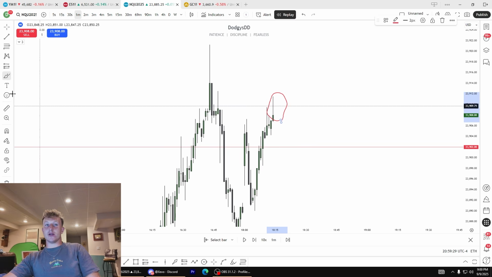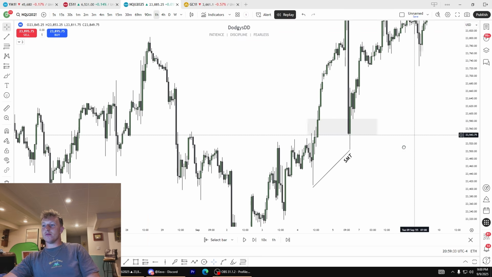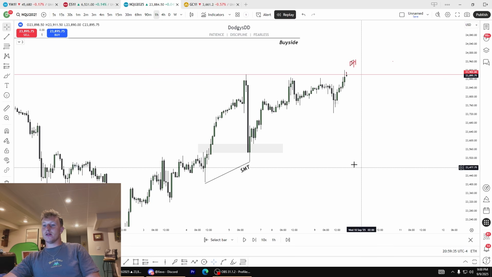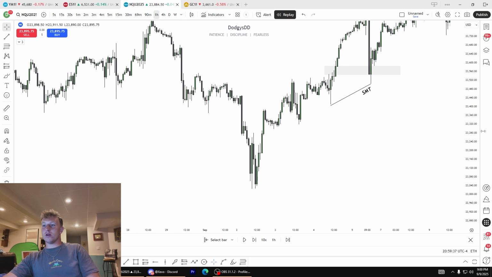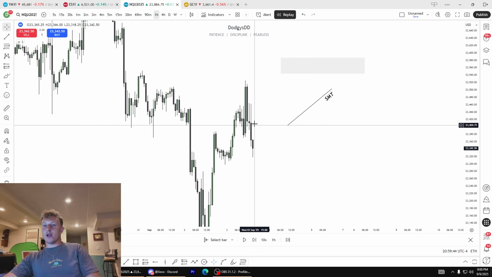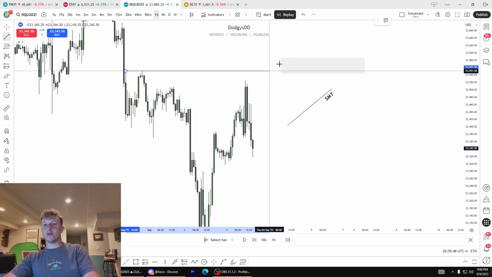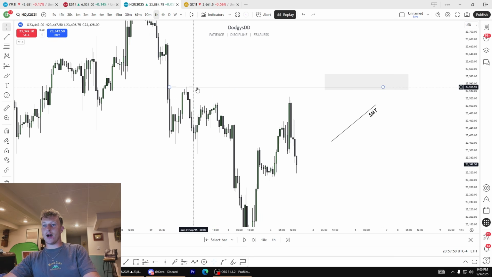I'm going to end it showing you guys an example of where people mess this up. So, for example, okay, if we go right here, a lot of people are saying, oh, we're going to go back to this imbalance that was never filled, right? And there was also relative equal highs.